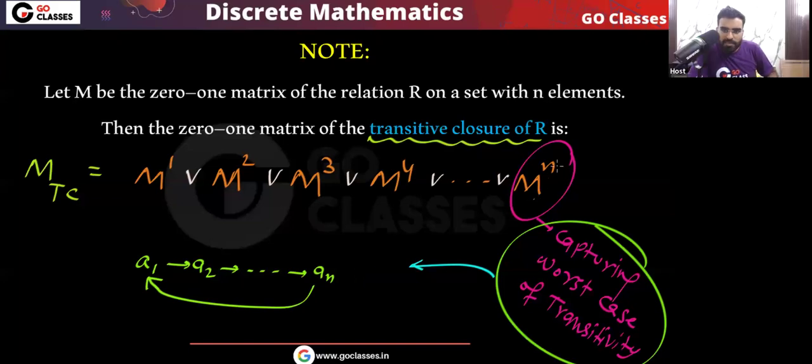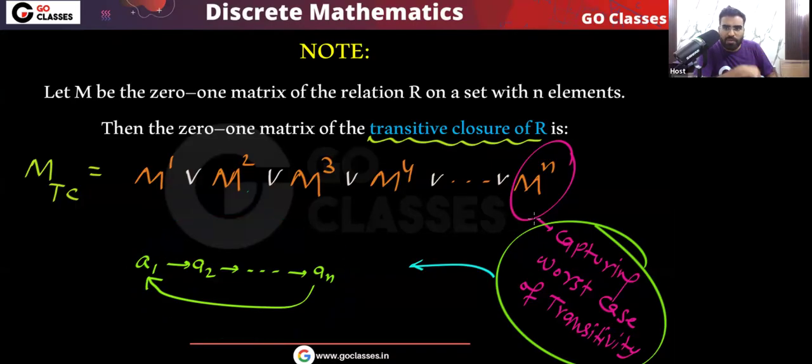So m power n is capturing the worst case of transitivity, from a1 to a1. This walk of length n is captured by m power n. Basically, m power n is capturing a1 to a1, meaning this self loop. Do you agree with me?